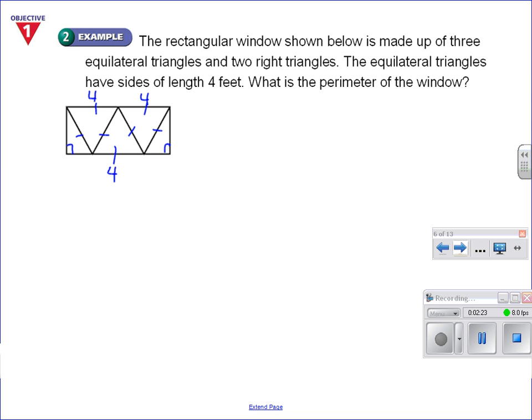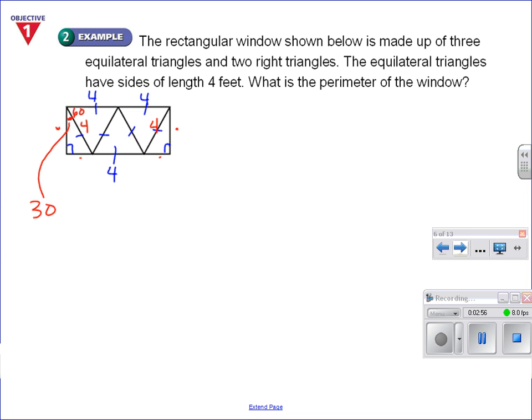Well, if this is a right triangle, how am I going to find the perimeter? So I need to find this guy, and these two guys. So I need the sides of the right triangle. Well, I know that this guy here must be 4, as is this. These are the same. If this is 60 and they say it's a rectangle, then this angle right here has to be 30.